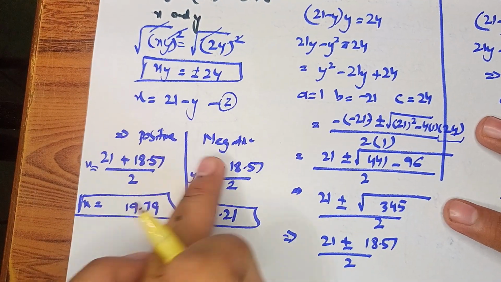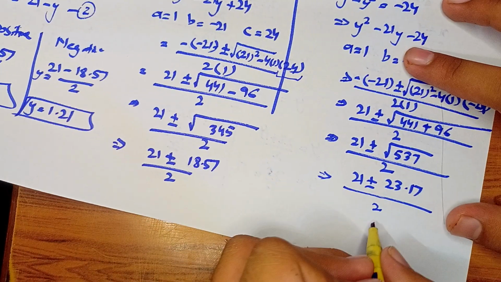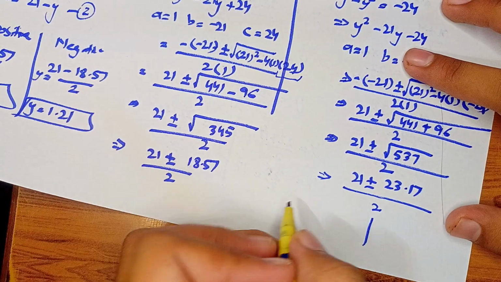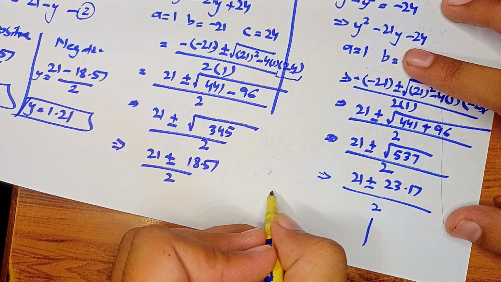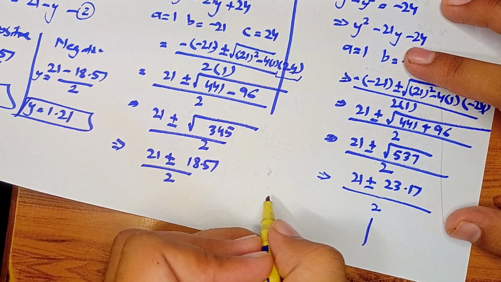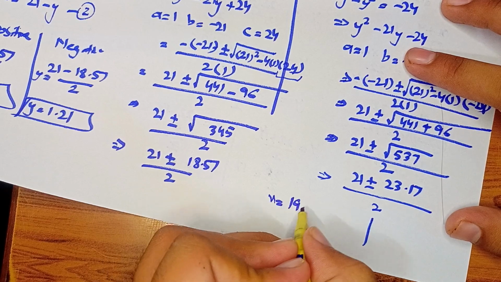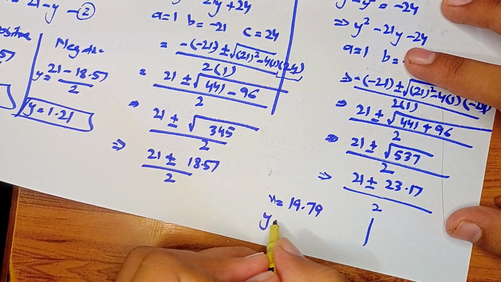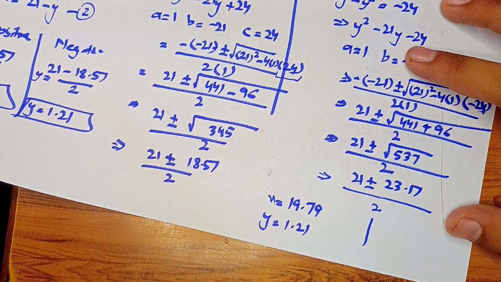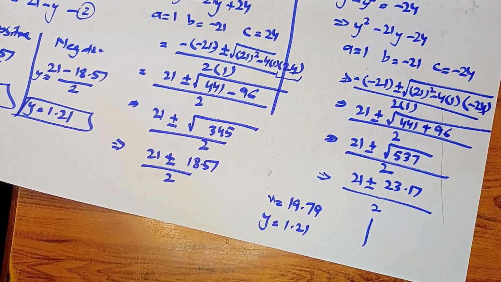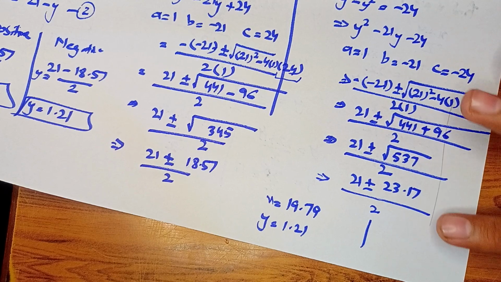Then your final answer is already the same as it is, which is x is equal to 19.79 and y should be 1.21. Okay, if you have any question or any problem, you can contact me.